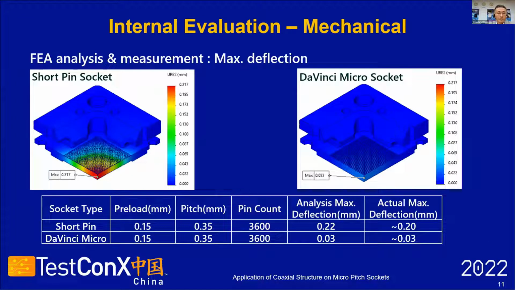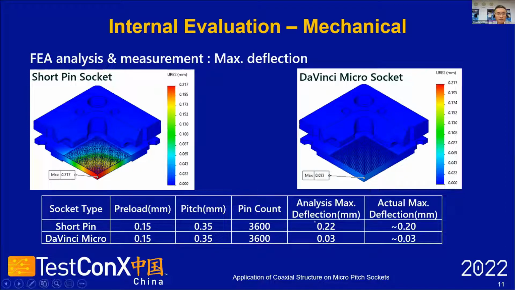The next few slides cover our internal lab evaluation results. I will show the mechanical pin-related performance and the socket RF performance. For the mechanical perspective, a comparison was performed based on the same application, with pin count 3,600 and 0.35 pitch.